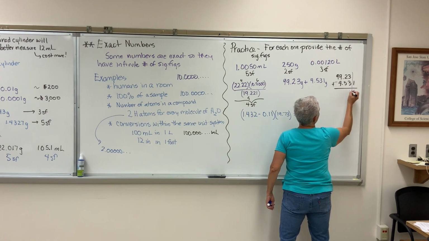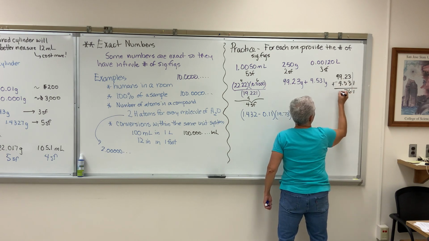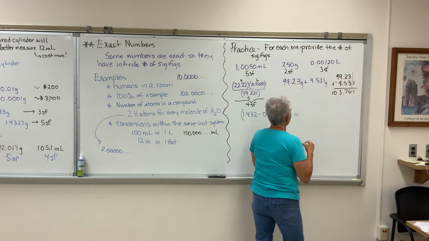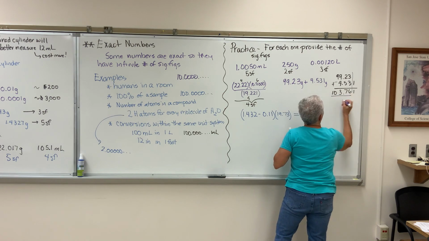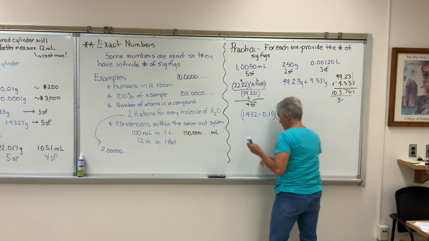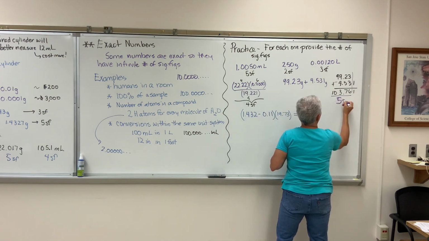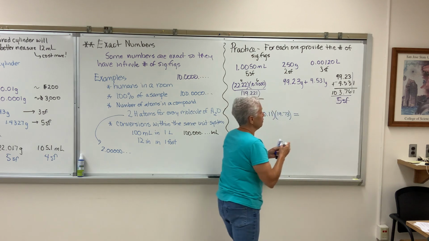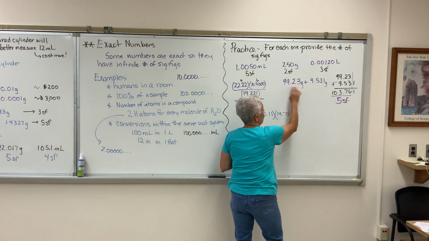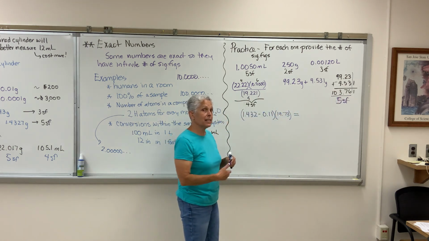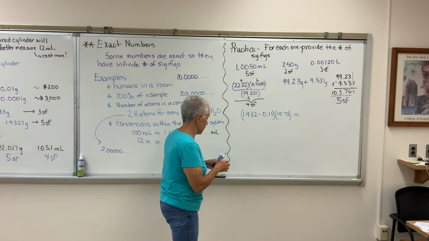So I have a 1, a 6, a 7, a 3, and then a 10. So notice I have 5 SF. Oops, that's not a 5. Okay? So notice I started with 4 and 4, but my answer gets 5 because when adding and subtracting, it's about the number of decimal places.